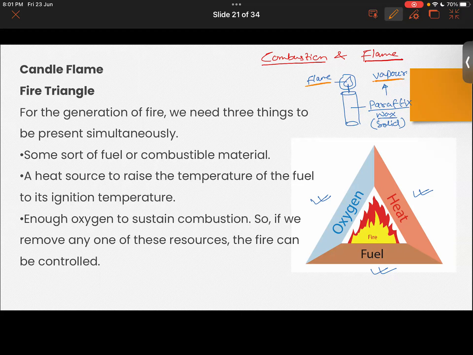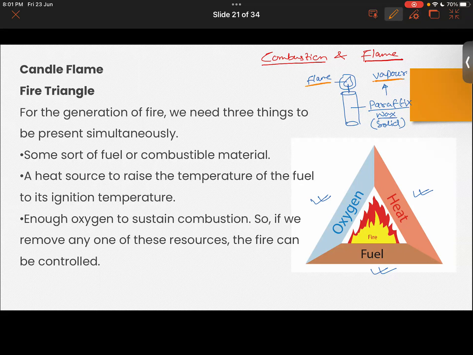Very good then. So let's say we have got LPG and biogas. These are gases which also undergo combustion. So LPG and biogas will burn by producing a flame. Some other examples are wax and camphor. They are solid substances which also vaporize on heating.